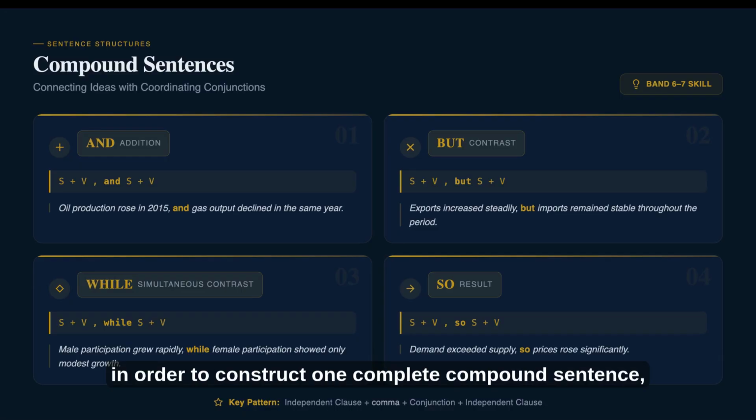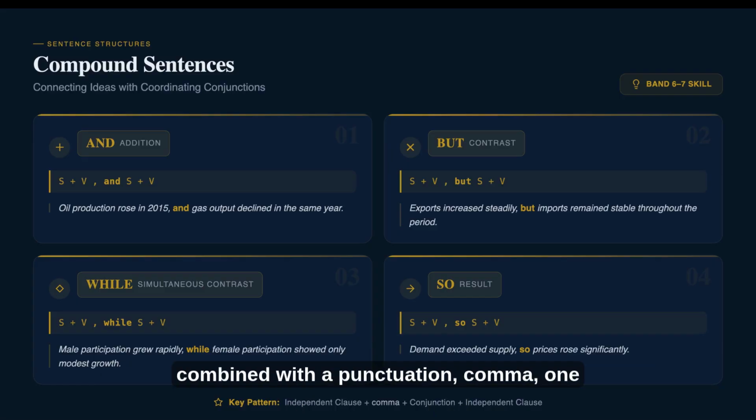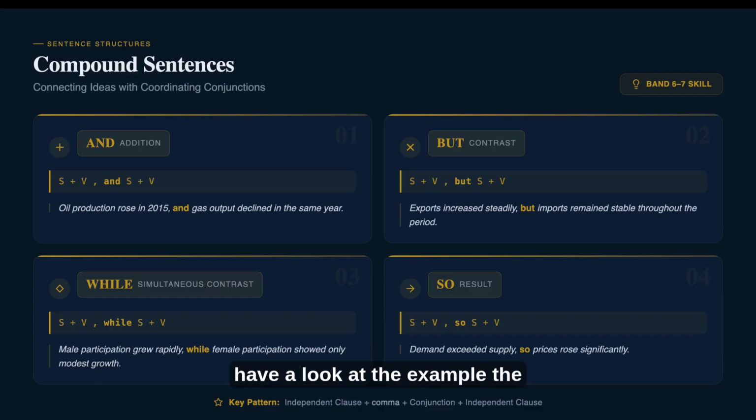Again, in order to construct one complete compound sentence, we need two independent clauses, or in other words, two simple sentences combined with a comma and one coordinating conjunction, or one FANBOY. In this case, "so". Let's have a look at the example. Demand exceeded supply, comma, so prices rose significantly.